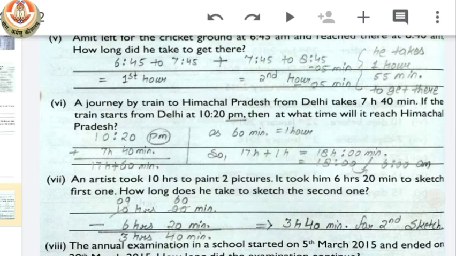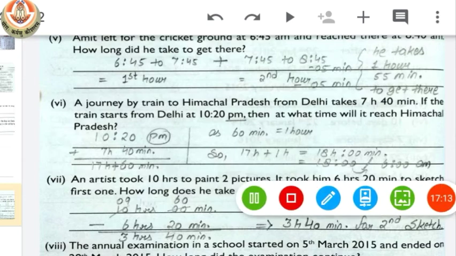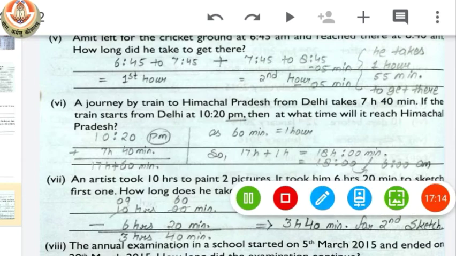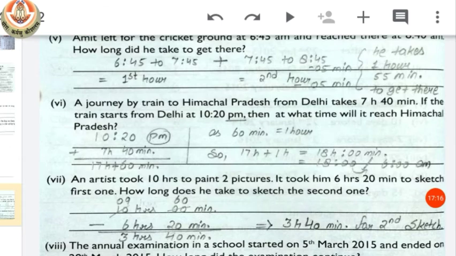An artist took 10 hours to paint 2 pictures. It takes him 6 hours and 20 minutes to sketch the first one. So we have to answer how long he takes to sketch the second one.